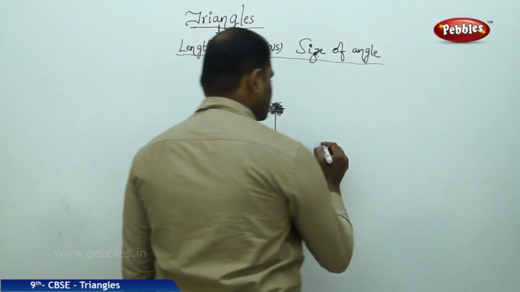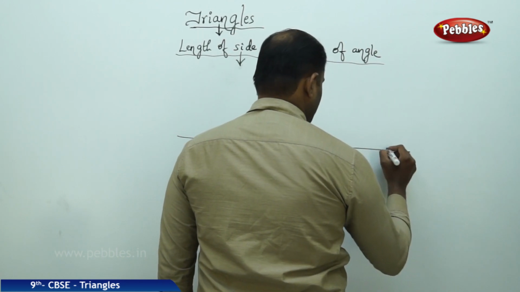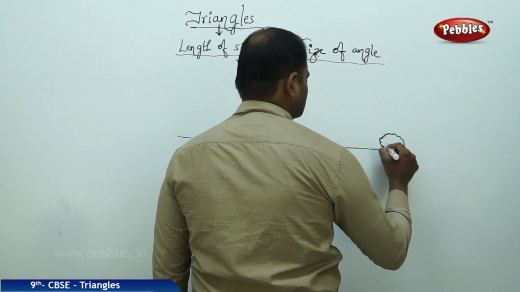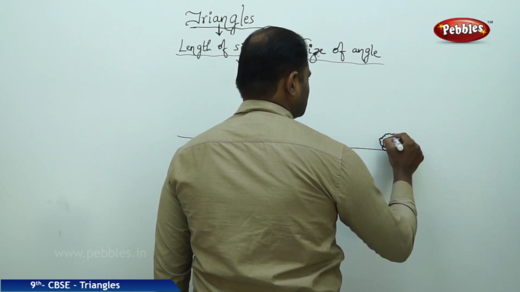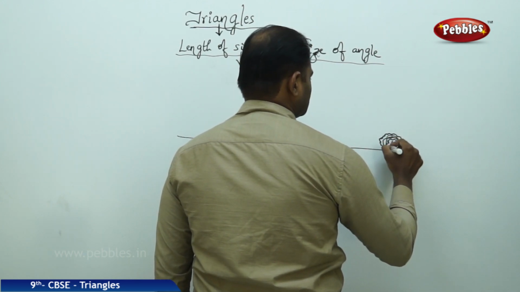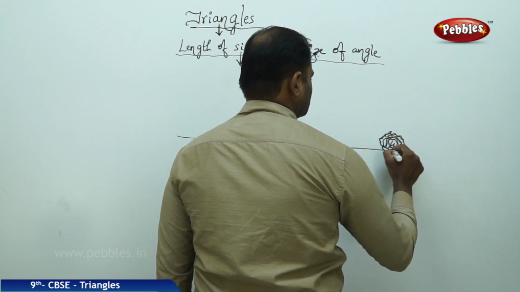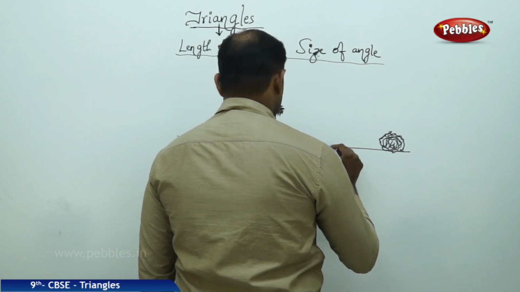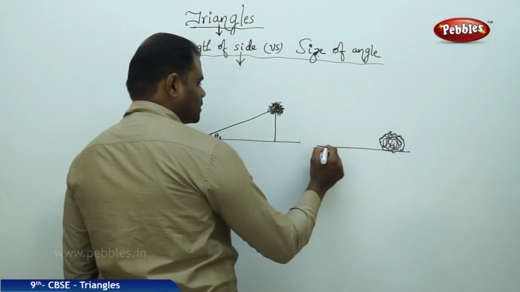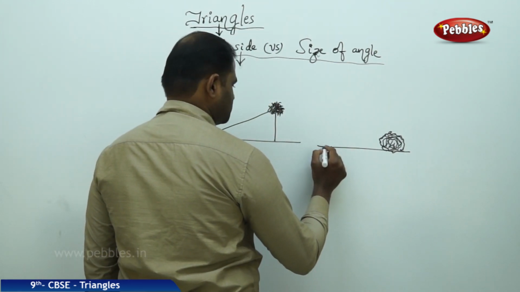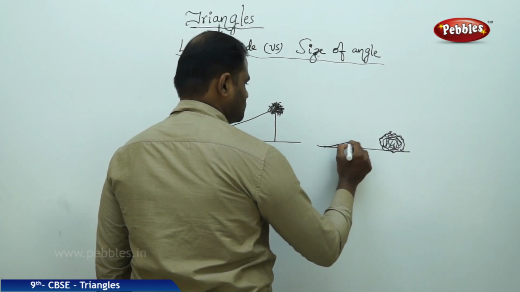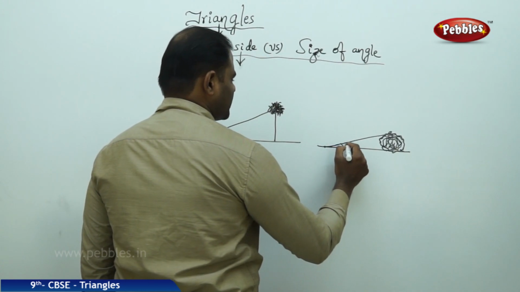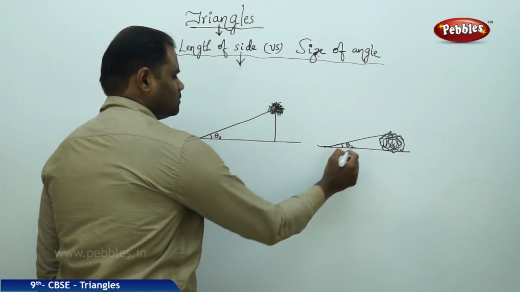Imagine I have a second case where I have a small bush and I stand here to the same distance and then watch the bush out here. Say this angle is theta 2.